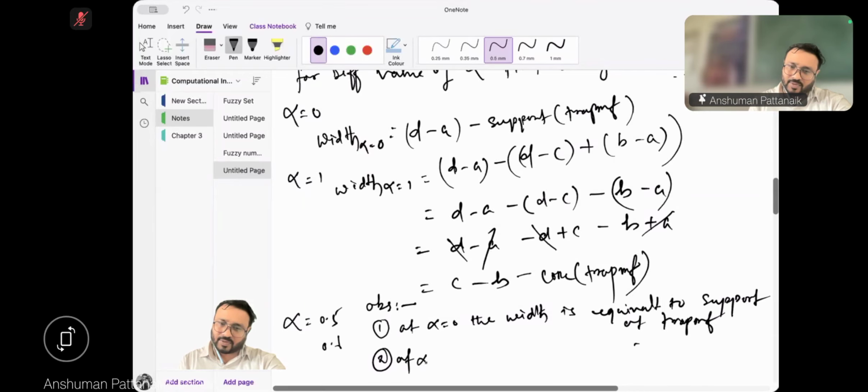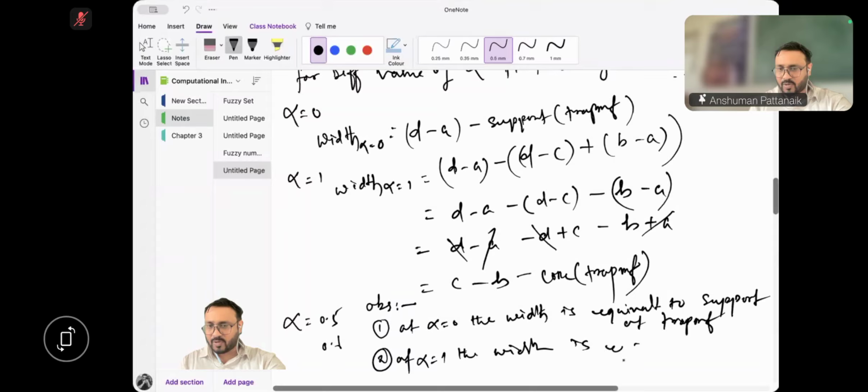At alpha equal to 1, the width is equivalent to the core of the trapezoidal MF.